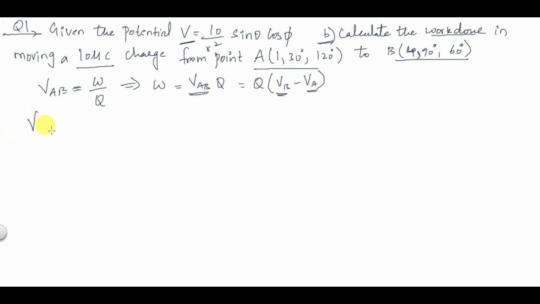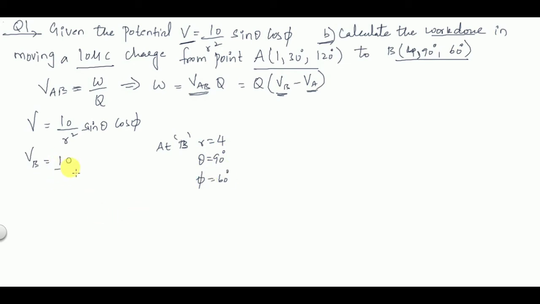So we have V, which is equal to 10 by R square into sin theta cos phi. So we need VB first. So VB is given by the potential at point B. So at point B, R is equal to 4, theta is equal to 90 degrees and phi is equal to 60 degrees.